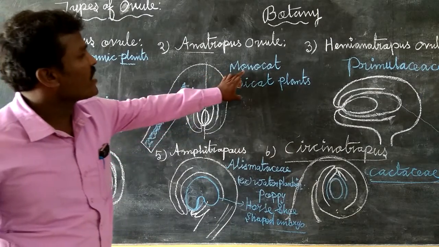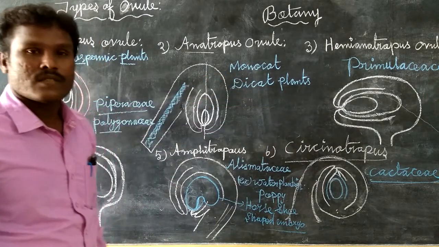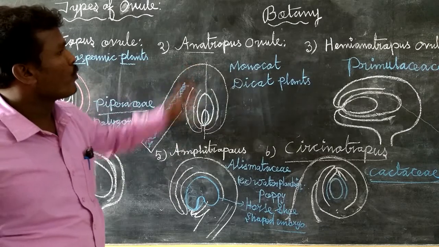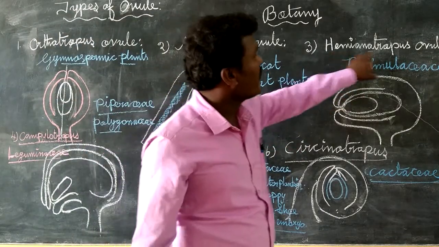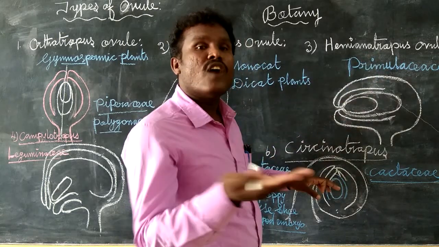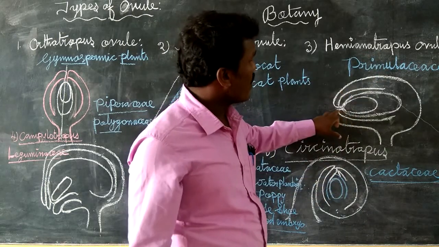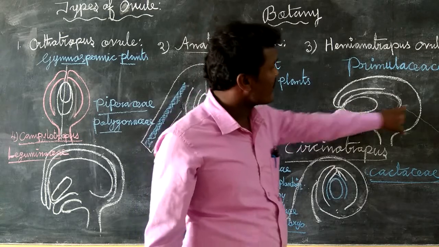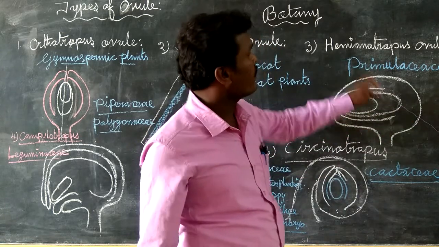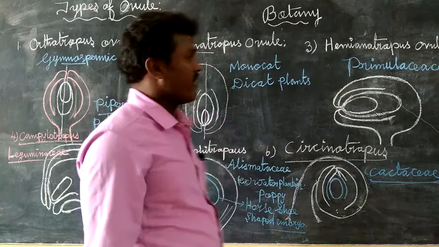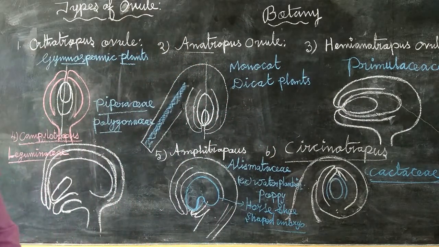It is noticed in monocot and dicot plants, angiospermic plants. Then hemianatropous ovule. Hemianatropous means half inverted, where the micropyle and chalaza are like this, and then this is the funicle. Example: Primulaceae, the primrose plant.